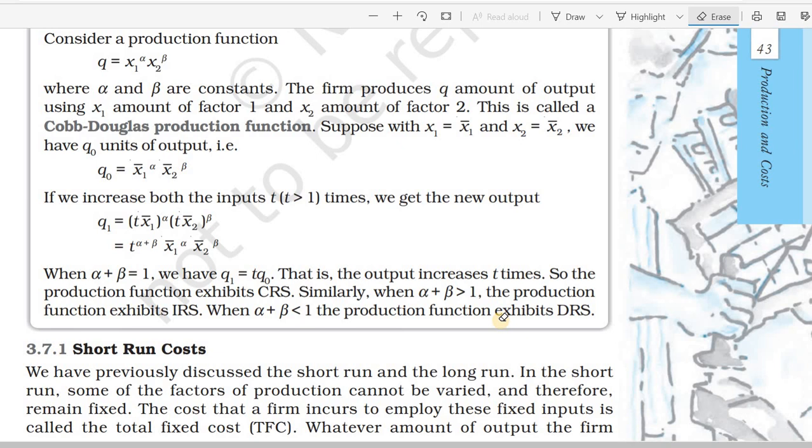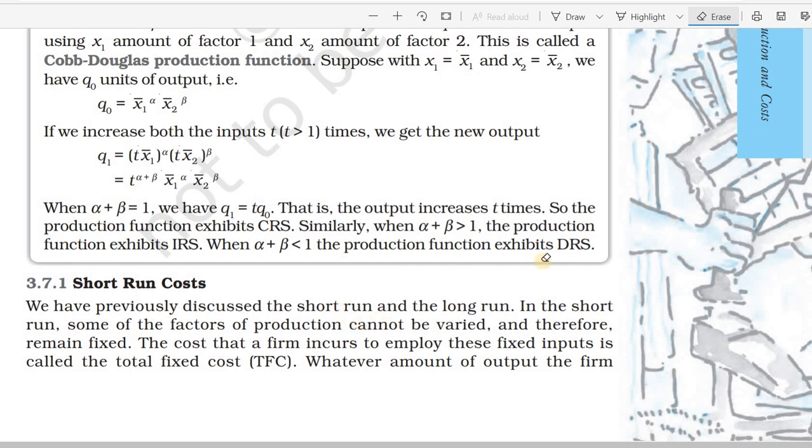When alpha plus beta is greater than 1 or less than 1, it will show increasing or decreasing return to scale. When alpha plus beta is greater than 1, it is increasing return to scale. When alpha plus beta is less than 1, it is decreasing return to scale. We already studied increasing and decreasing return to scale.